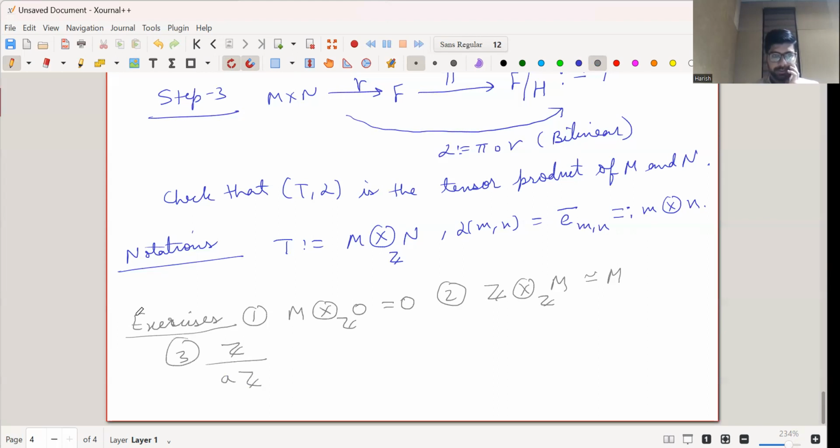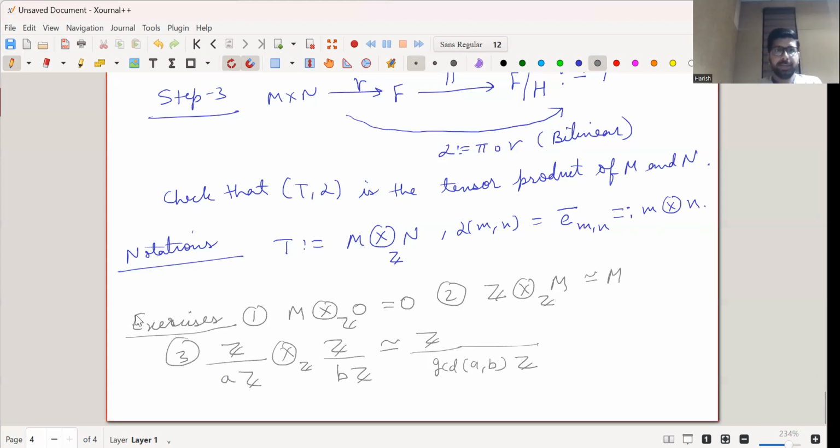In common practice we say Z_A, the group of all integers modulo A. So Z modulo AZ tensor with Z modulo BZ is isomorphic to Z modulo GCD of A and B times Z.